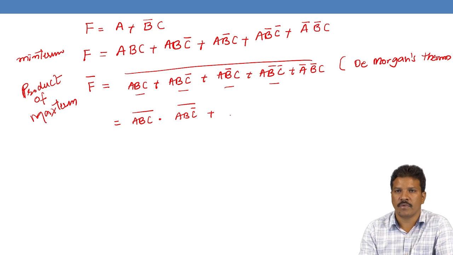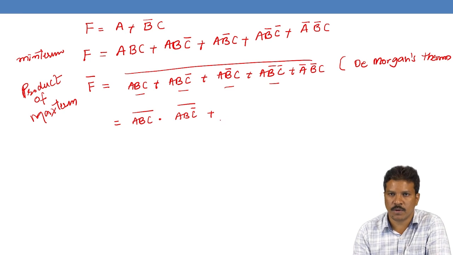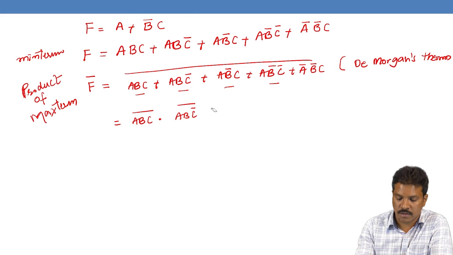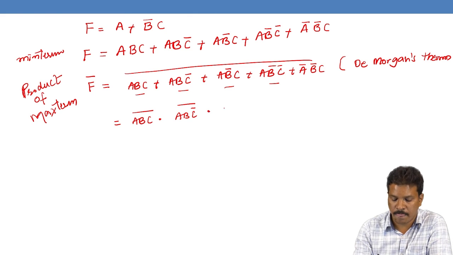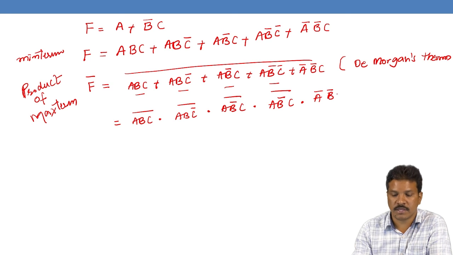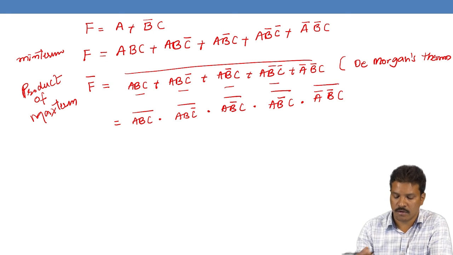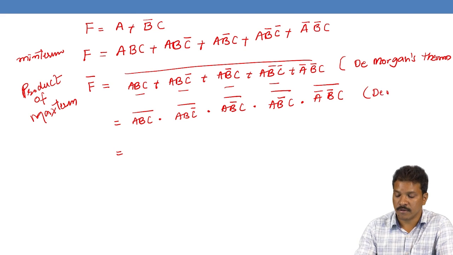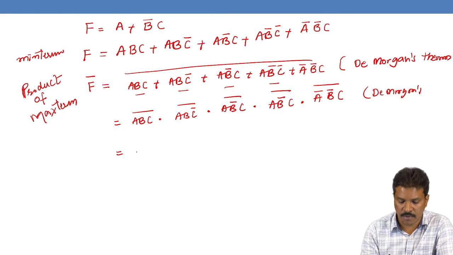The complement of a sum of terms is equal to the product of individual complements. So ABC bar whole bar dot AB bar C whole bar dot AB bar C bar whole bar dot A bar B bar C whole bar. Again, we can apply De Morgan's theorem to each minterm.